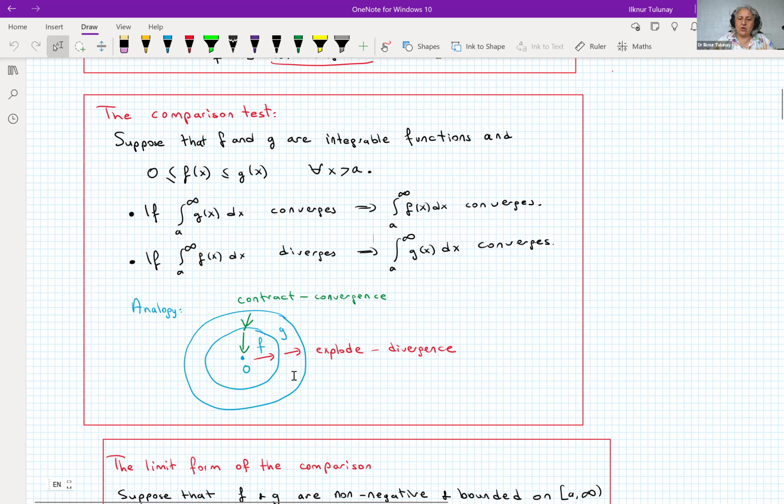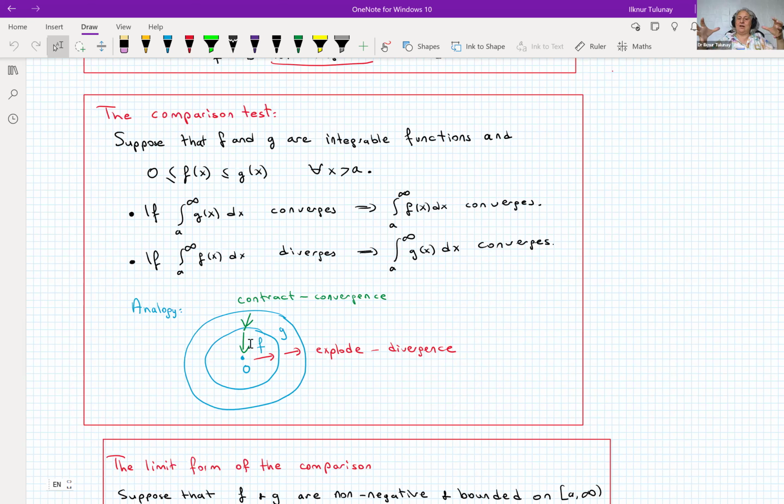If the g function contracts, f has to contract. I'm using an analogy here. Consider two spheres, two balls. You have a small ball inside and a bigger ball outside.